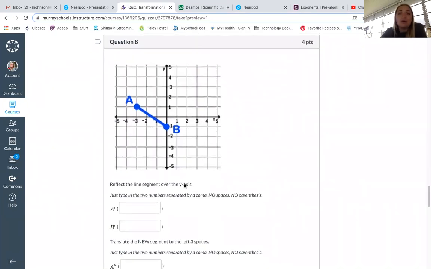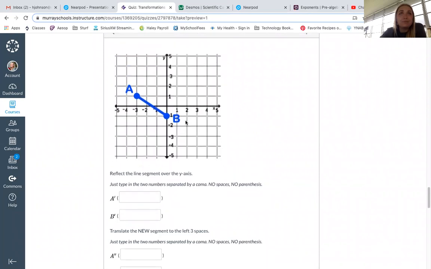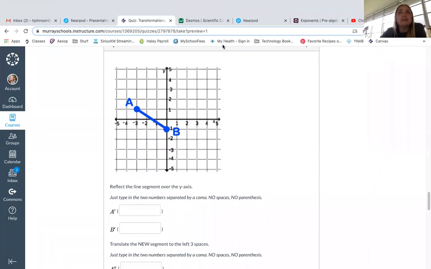Reflect the line segment over the y-axis. So while I do this, I am going to count each of these spaces across the y-axis. So this A is 1, 2, 3 away. A prime is going to be 3 in the other direction. B is already on the y-axis, so B prime is just right there.